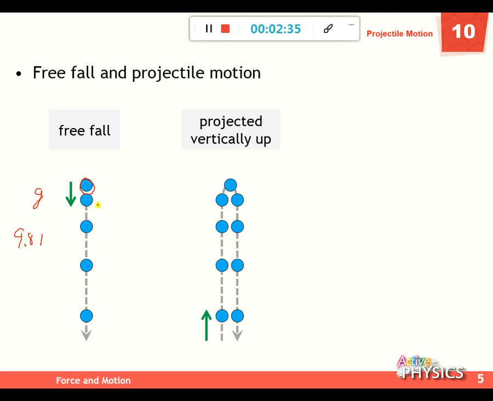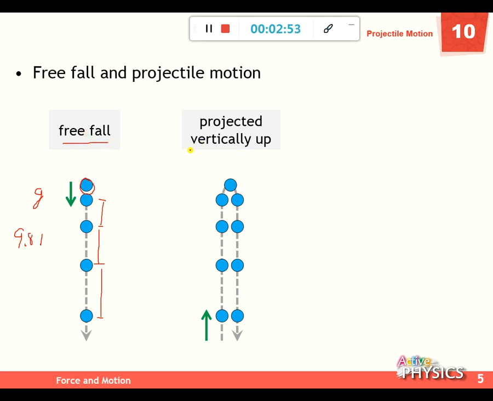And the displacement it moves is increasing due to the constant acceleration 9.81. And this one is the free falling.